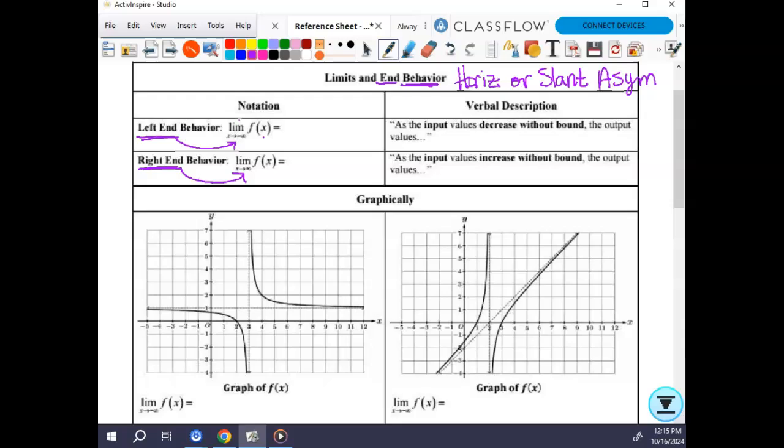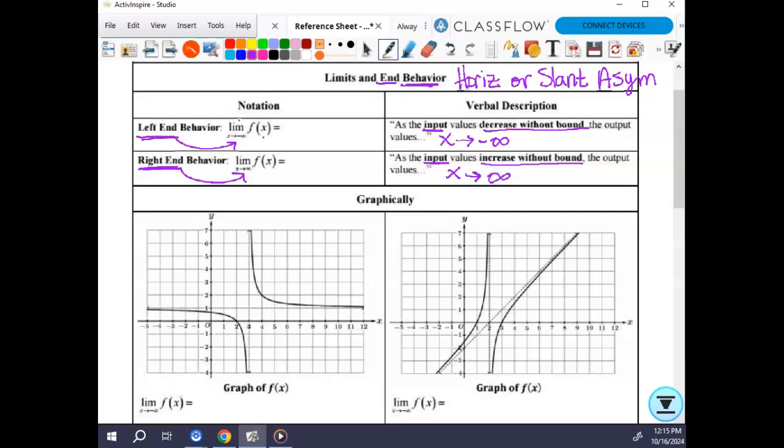It may say things like, as the input, which is our x's, as the input values decrease without bound, getting smaller without bound, that means as x approaches negative infinity. Then the output values, whatever. Or as the input, which again is x, values increase without bound, that would be x approaching infinity.